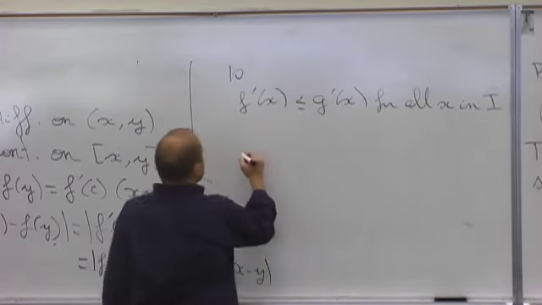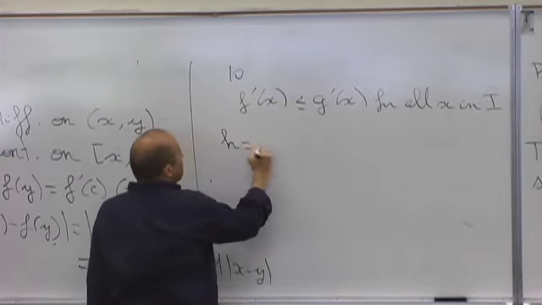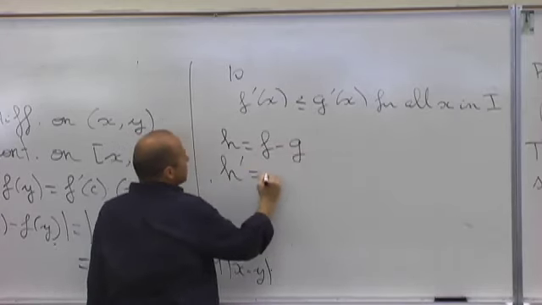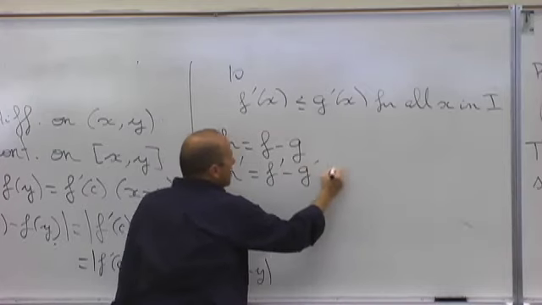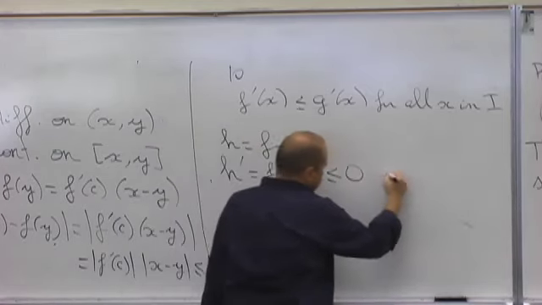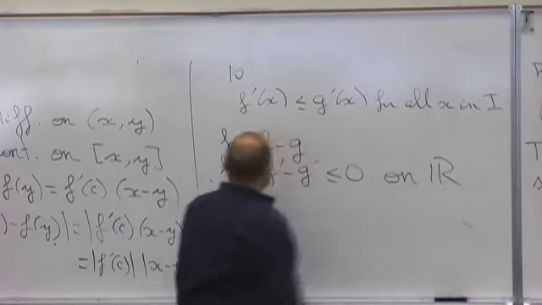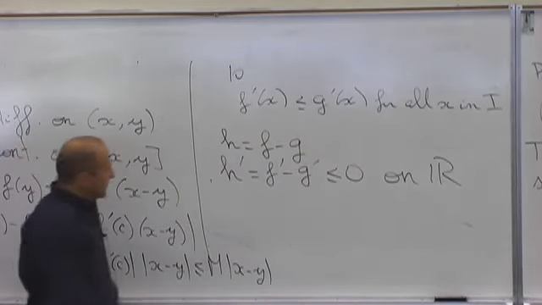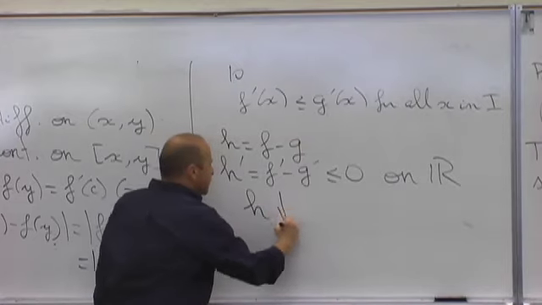So we are going to say that h is f minus g, and therefore h prime is f prime minus g prime, and that's negative on R, which tells us that h is a decreasing function.